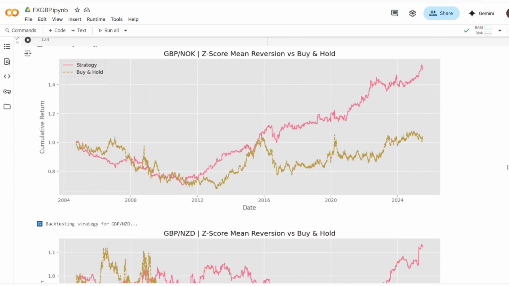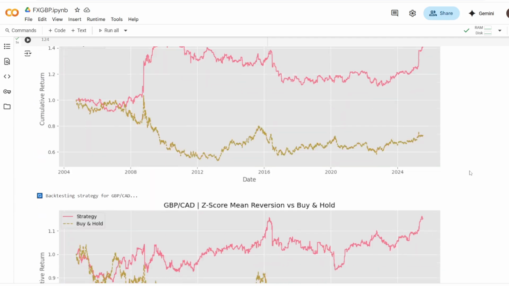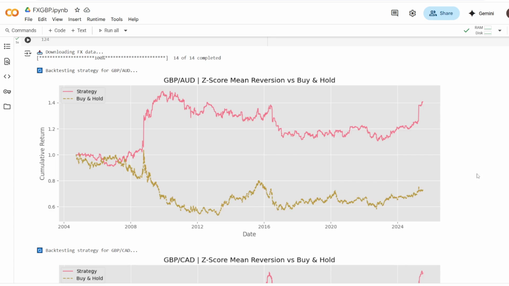Okay, so last but not least, in terms of trading, we can utilize a mean reversion strategy versus buy and hold.